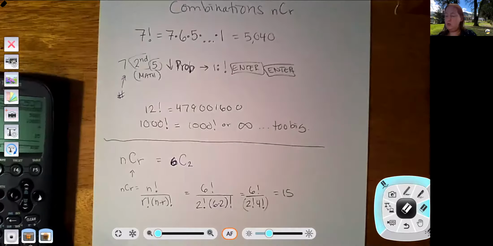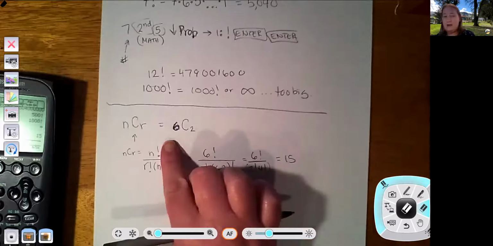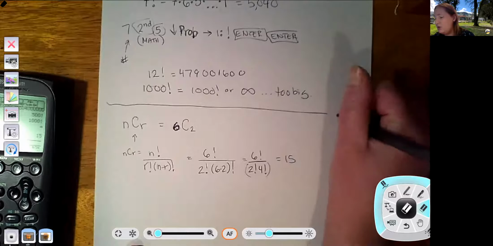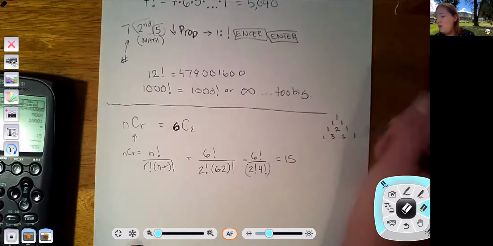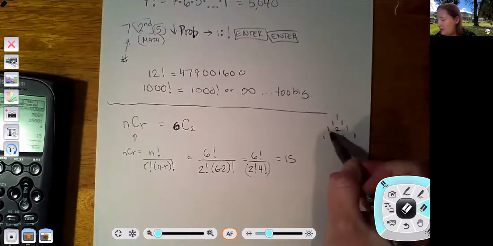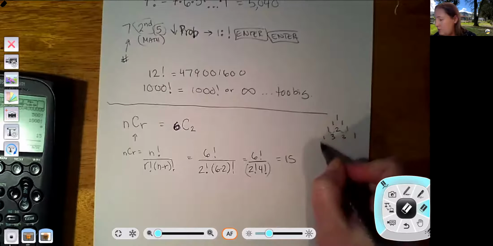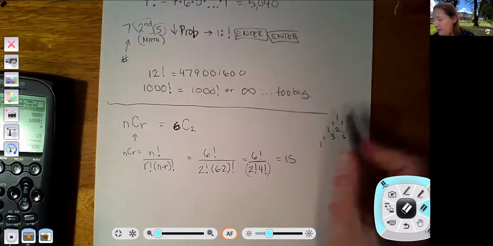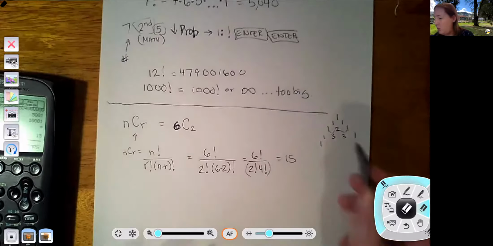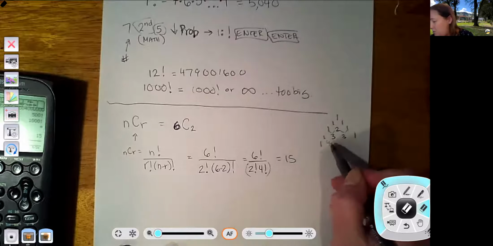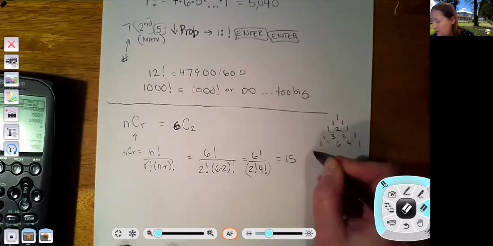Another way to figure out the value of an nCr is using Pascal's triangle, where each row begins with 1, and then it is the sum of the terms directly above it. So it keeps going outwards by doing 1, 1, 4, 6, 4, 1.